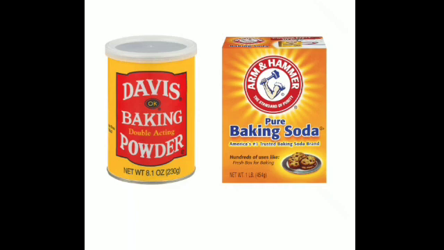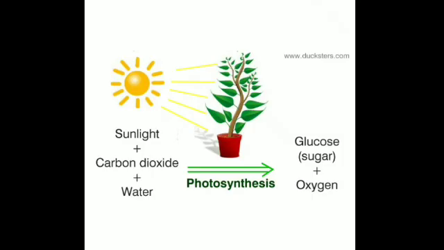So baking powder and baking soda are both used to make cakes and bread spongy, as they release carbon dioxide. Then carbon dioxide is used in photosynthesis by plants, and we all know that this is a natural process of manufacturing or synthesizing food by all the green plants, that is, the plants which contain the pigment chlorophyll.